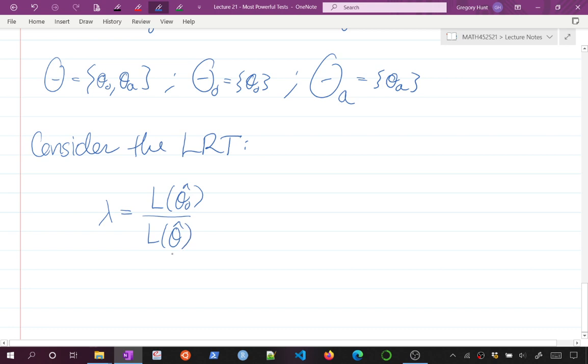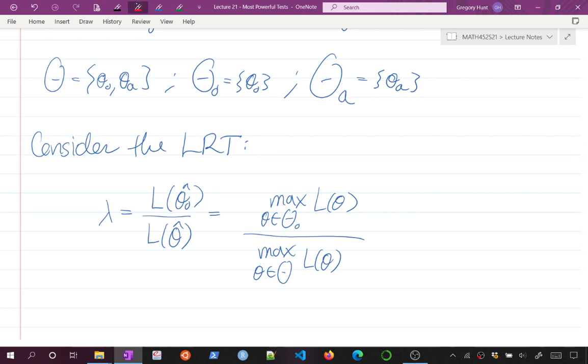So we look at L of theta naught hat, divided by L of theta hat. And one way you could write this is the maximum over theta in capital theta naught of L of theta, over the MLE, which is the maximum over all possible thetas of L of theta.